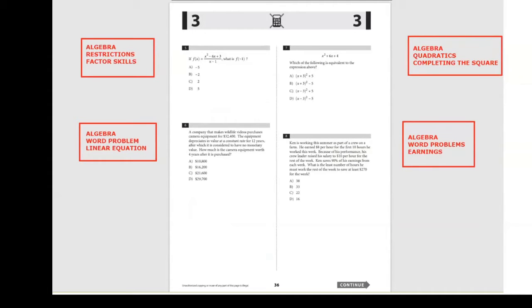Right, continuing with question 5. Brendan, can you also read question 5, another quadratic equation? If f of x equals x squared minus 6x plus 3 divided by x minus 1, what is f of -1? Okay, so how would you solve question 5? You will plug in -1 for x.